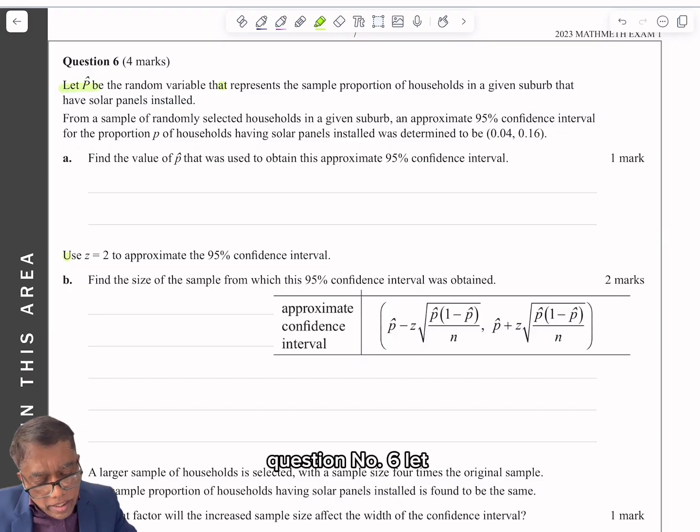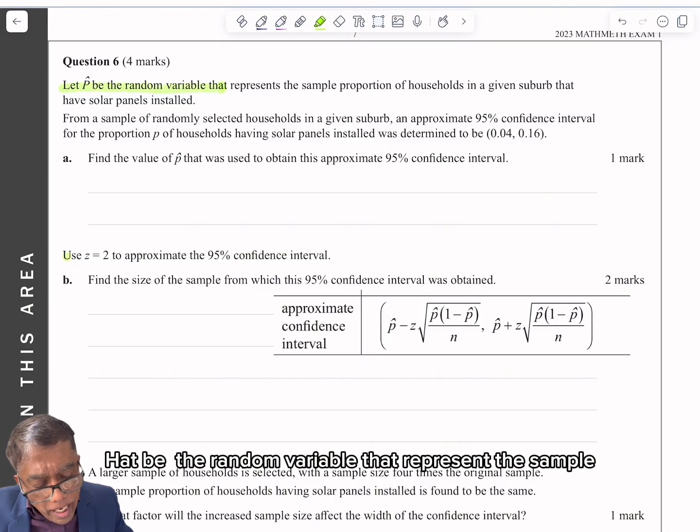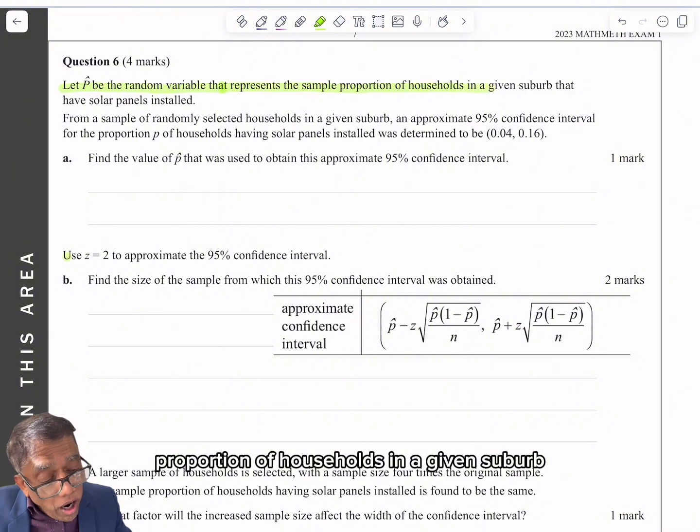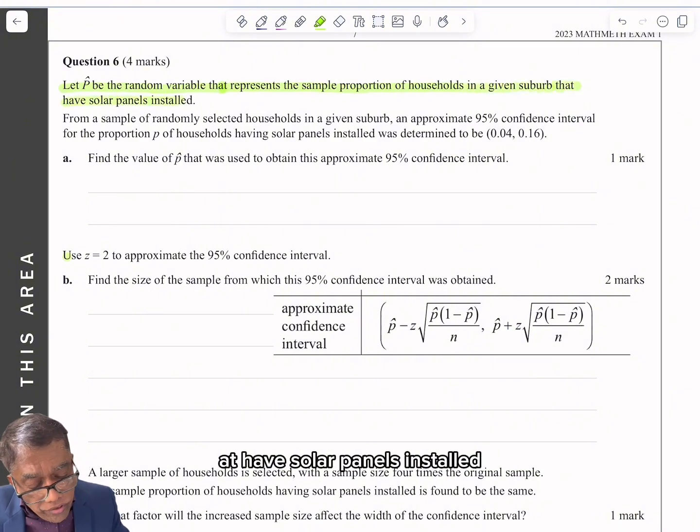Question number 6. Let p hat be the random variable that represents the sample proportion of households in a given suburb that have solar panels installed.